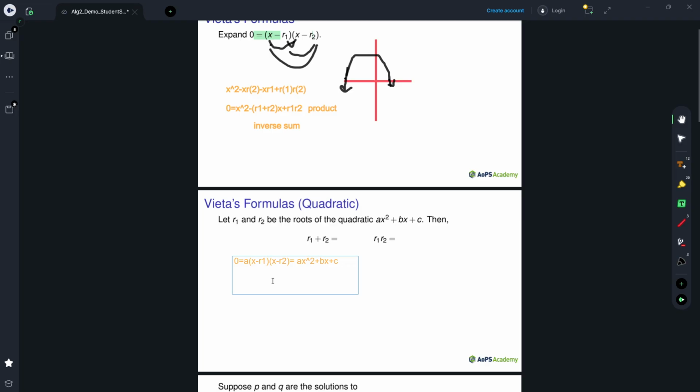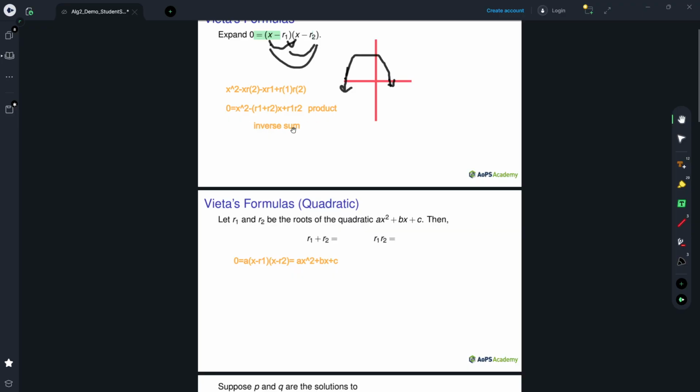So next, let's see what we should do. We can look at the previous slide here. So x squared minus 0 equals x squared minus r1 plus r2 x plus r1 r2.